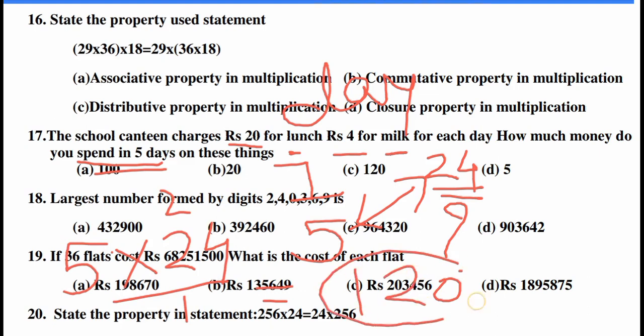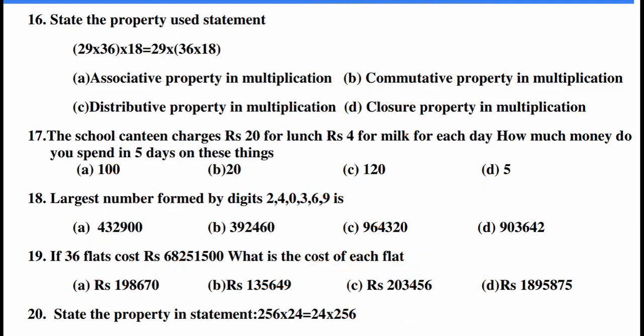And answer is 120, which is given in option C. Question number 18. Largest number formed by digits 240369 is. And we know that to build the largest number, we have to arrange these digits in descending order.